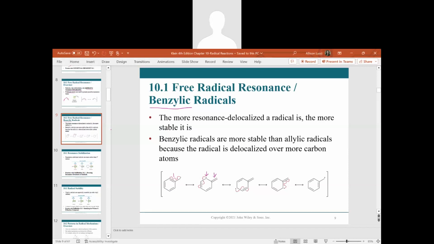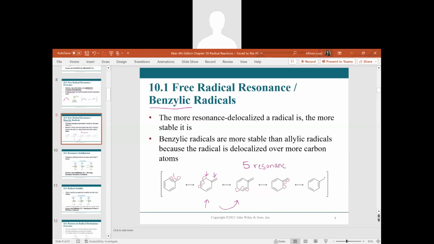Then we see another set of three fishhook arrows that move those three electrons around, and we end up with this middle structure, and then we can do that two more times until we end up with a total of 5 resonance structures shown here.